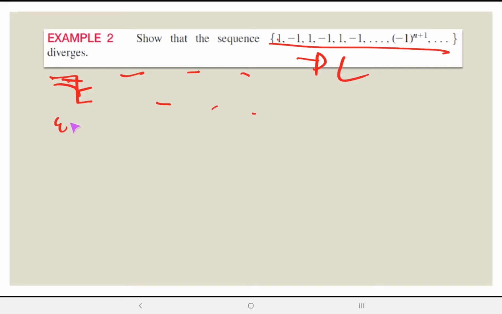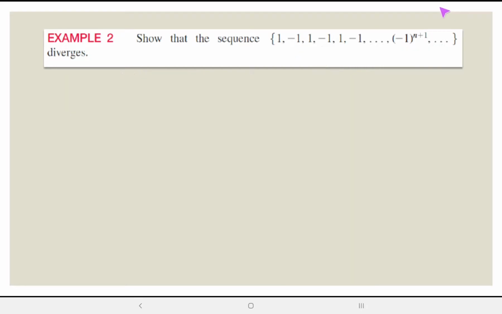If we choose epsilon to be equal to 1/2, okay, dun sa definition ng limits natin, therefore, all the terms a sub n should be within epsilon equal to 1/2 of L. What does this mean?